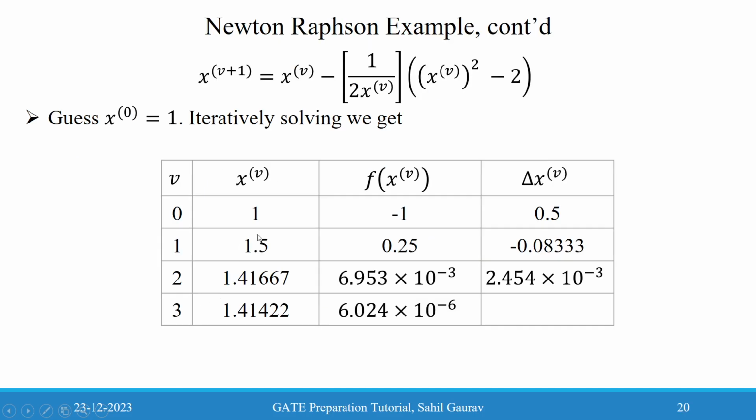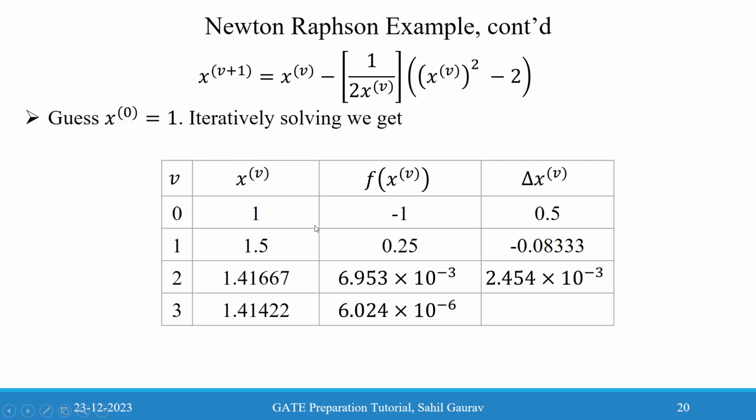Now we will apply an initial guess and solve it iteratively. We take the initial guess as 1, so x0 is equal to 1.